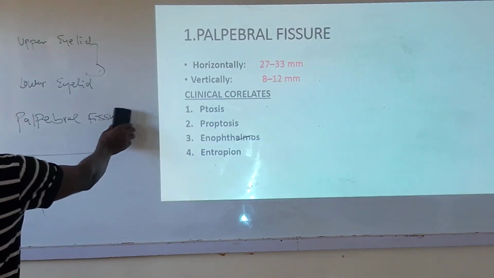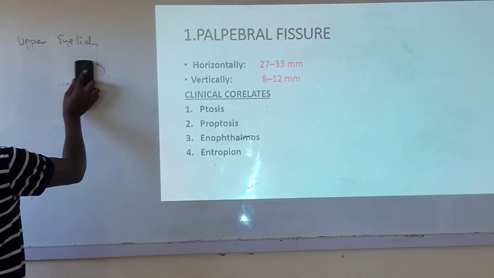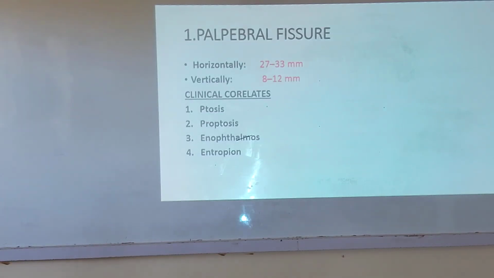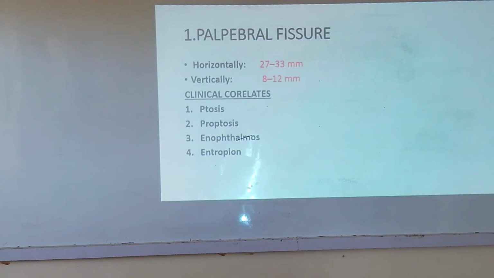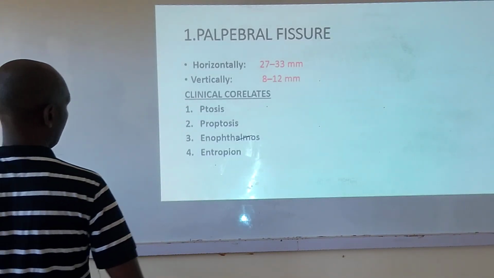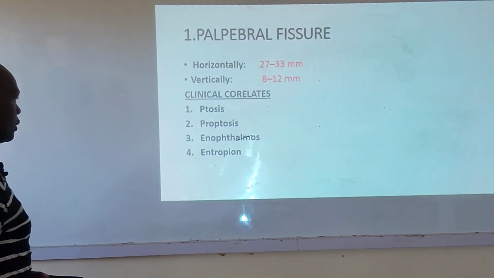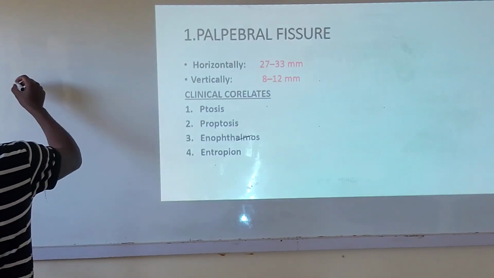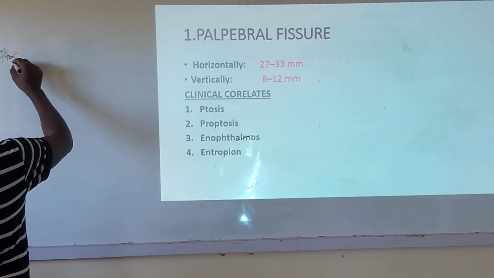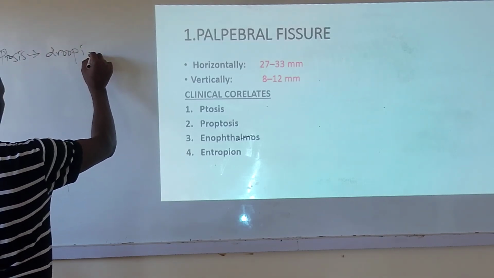The normal horizontal measurement for palpebral fissure is a range between 27 to 33 millimeters, while the vertical measurement is usually 8 to 12. So what is the clinical correlate? You'll have ptosis. Ptosis is just drooping of the eyelid.